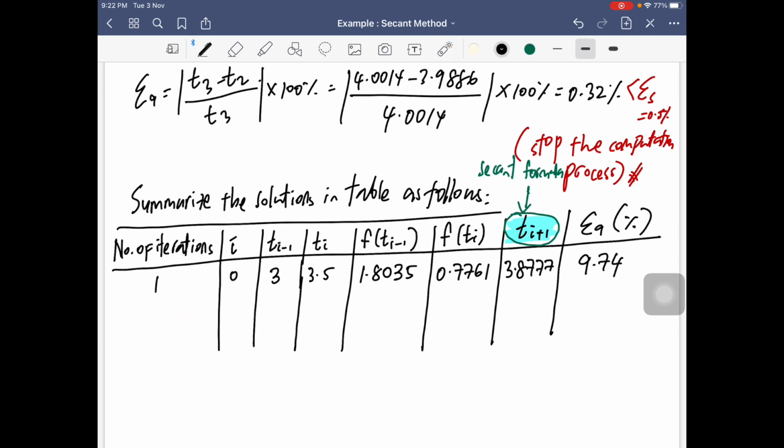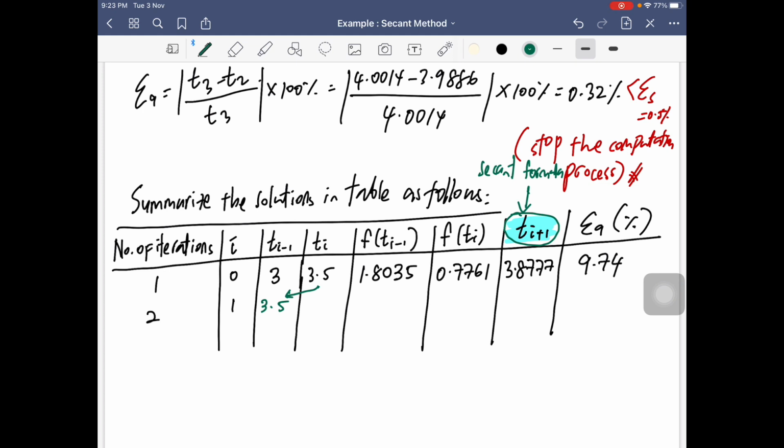So in the second iteration, i equals 1, then for t i minus 1 means 1 minus 1, t naught. So previously, here is the value of your t naught. So this value moves here. And then now this becomes t1.